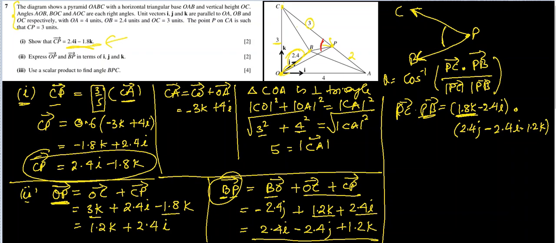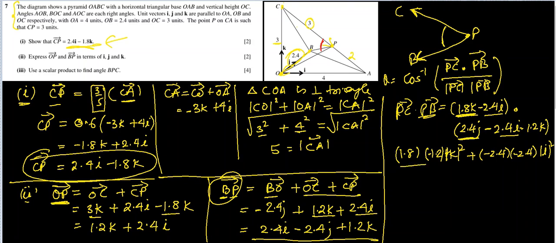So this comes out to be 1.8K multiplied by minus 1.2, and K dot K is absolute K squared. I with I, both are negative, so minus 2.4 times minus 2.4, I squared. And this J has no taker in the other bracket, so J multiplied by 0 will be 0, so I am ignoring it.